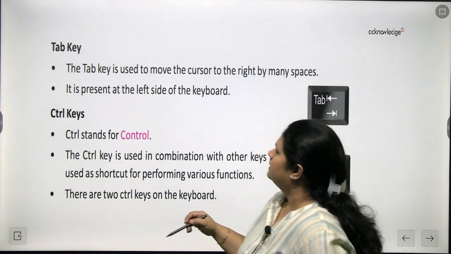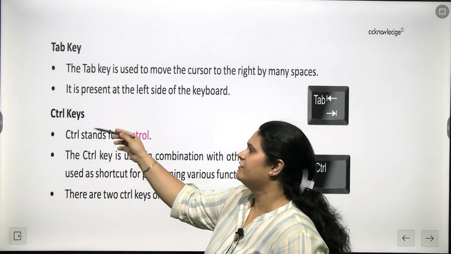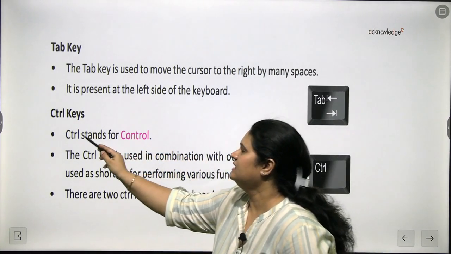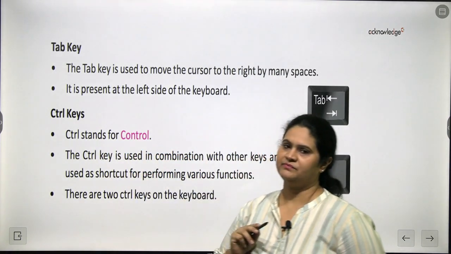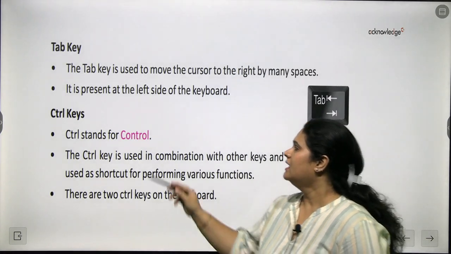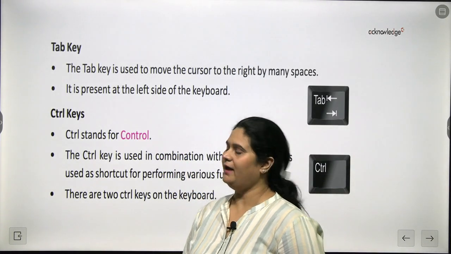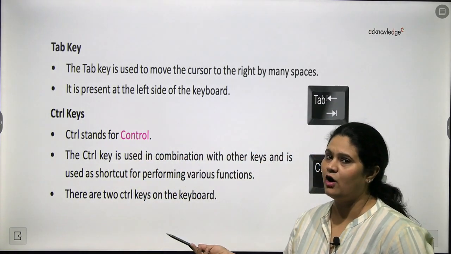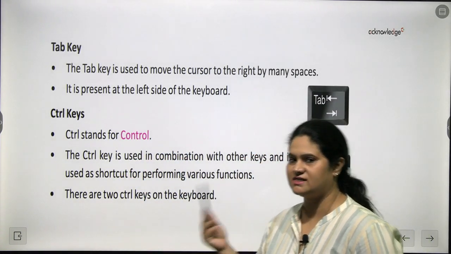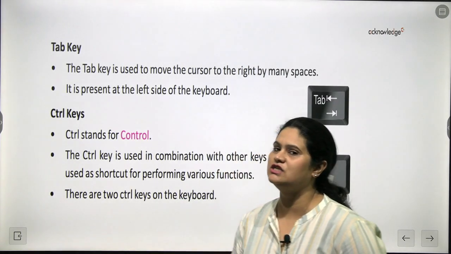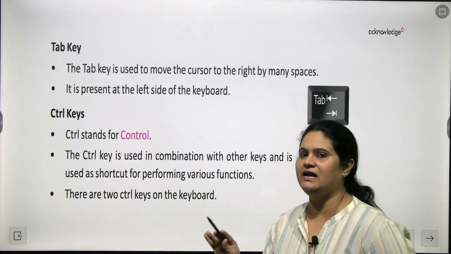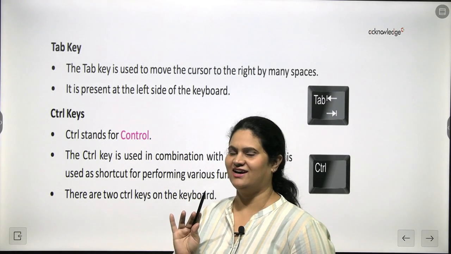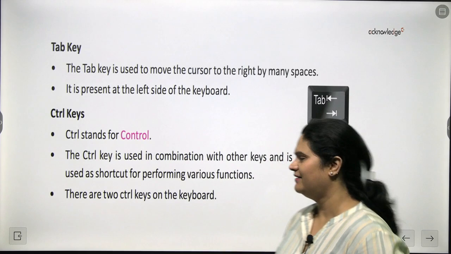Very good. Now, we have control keys. C, T, R, L. This stands for control. Okay? Now, this key is also used in combination with other keys. Just like the shift key, we cannot use shift key and control keys alone. Please remember this. Okay? I'm sure you will.